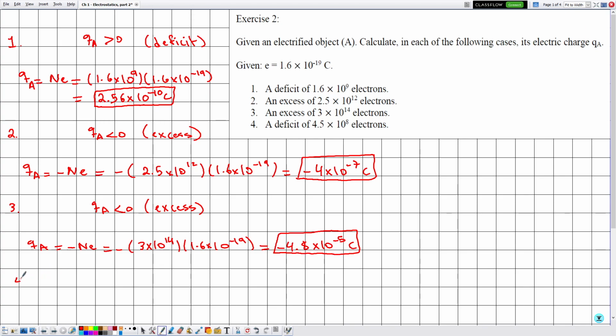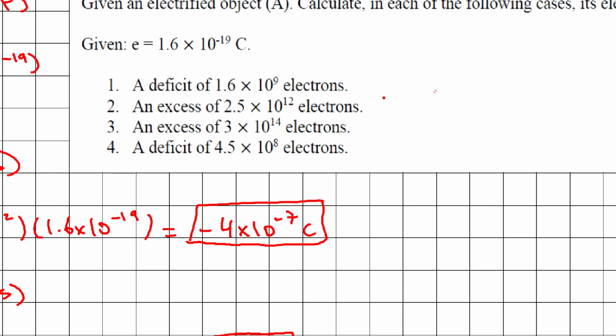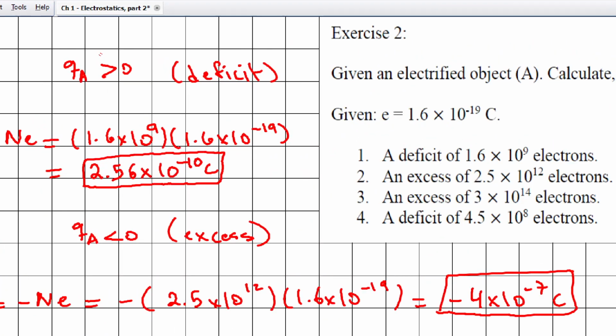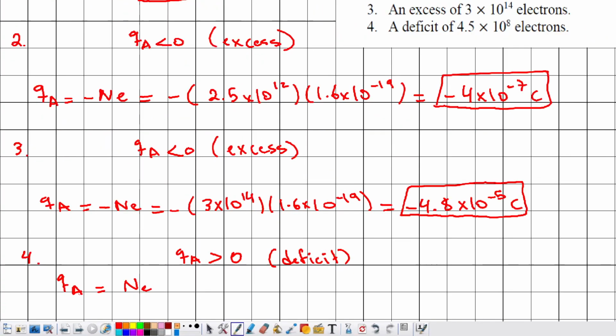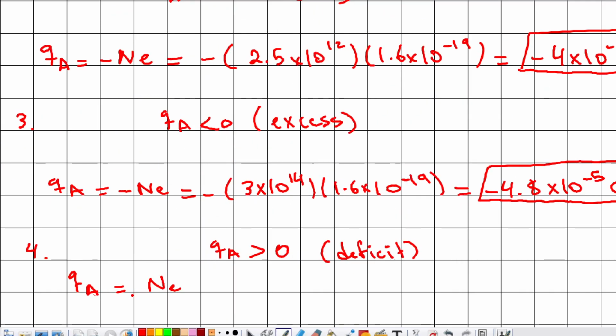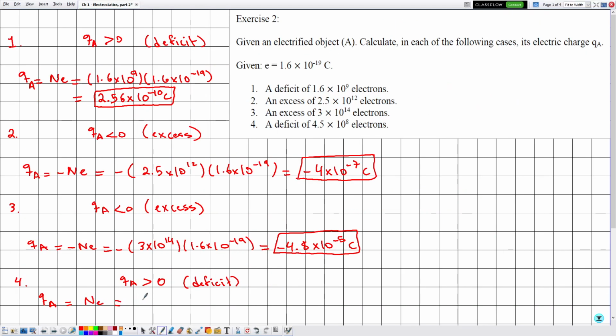Now finally, number 4. They told us that we have a deficit, and deficit means the charge is positive. Then let's calculate the value of QA given by N multiplied by E. Here we didn't place a minus sign because QA is positive, so we require the answer to be positive.